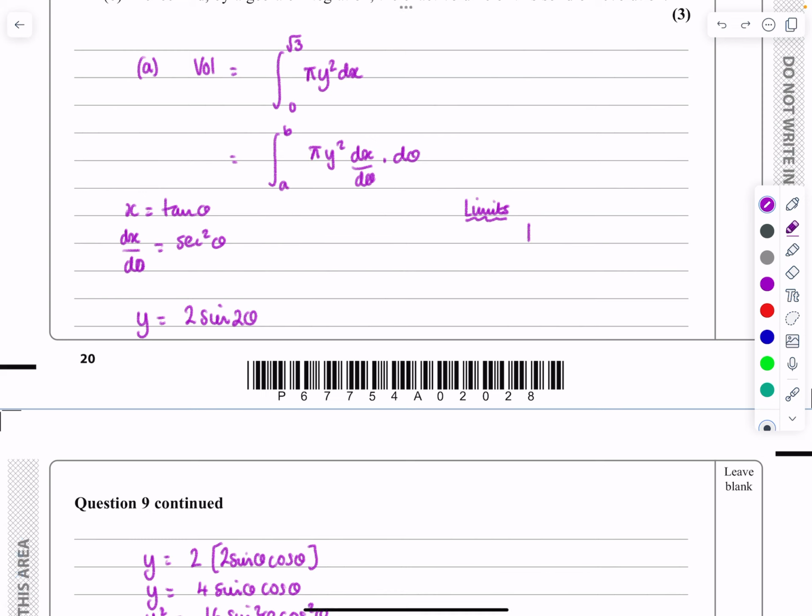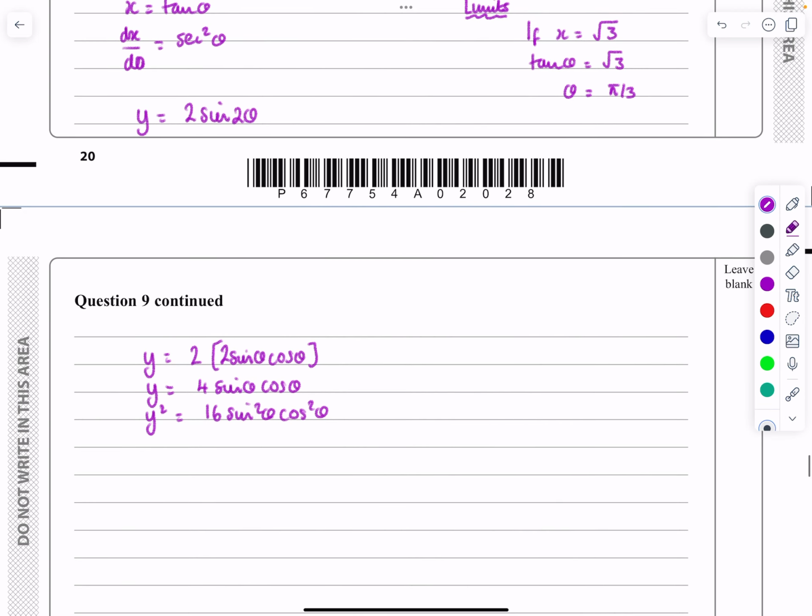If x is equal to root 3, remember x is tan theta, so tan theta is equal to root 3. I just need to solve that, and that gives me pi over 3 in radians. The other one is if x equals 0. Now we know the answer is 0 already because it told me in the question, but let's just go through and do it. Tan theta would be 0, so theta would be equal to 0 here.